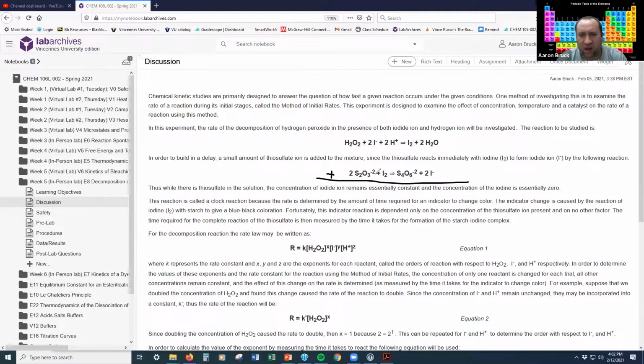And if you add them together, the iodine goes away, the iodide goes away. And you can see that there is a direct relationship between the hydrogen peroxide and the thiosulfate ion. So that should help you to solve the titration equation there in number one.